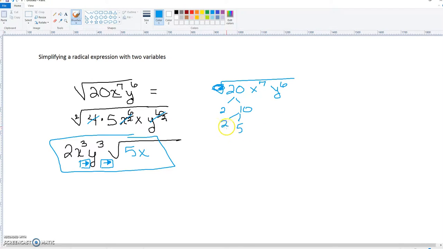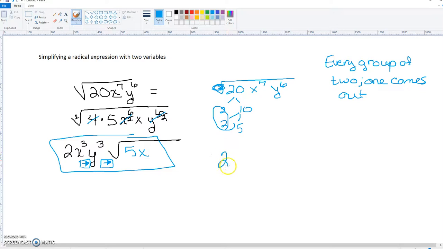So for every group of 2, in this case, 1 comes out. Okay, so here's one group of 2, so I write a 2.